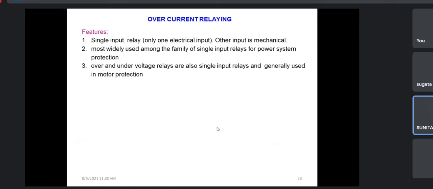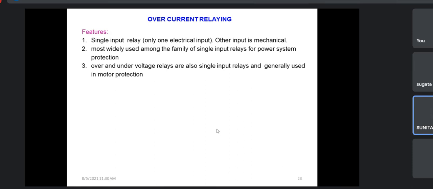Now at first we shall learn overcurrent relaying. Overcurrent, from the name it is clear, means current is beyond a certain value. So when current is beyond a certain value, then the relay will operate. This overcurrent relay is also called a single input relay. That means there is only one electrical input. Like we have seen that simple armature type relay.